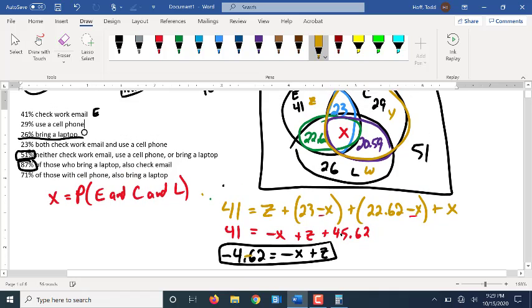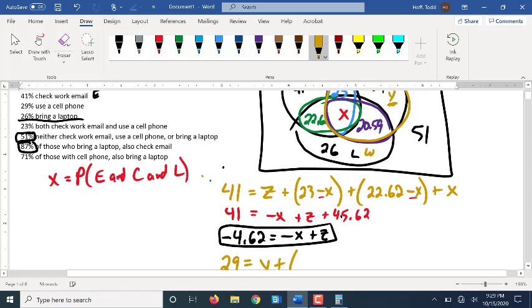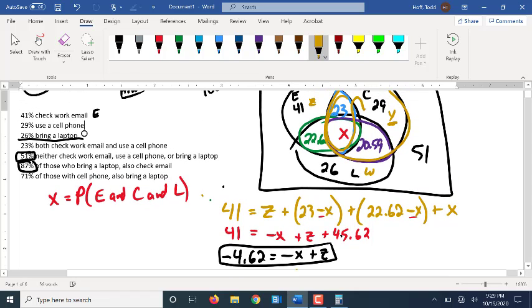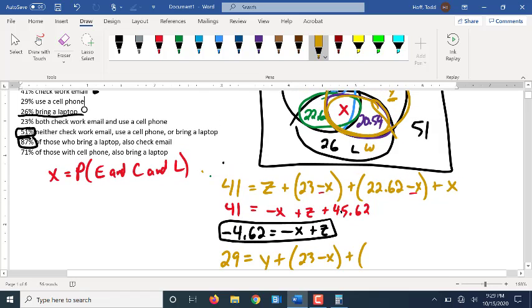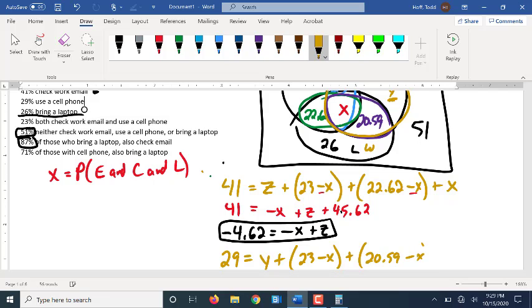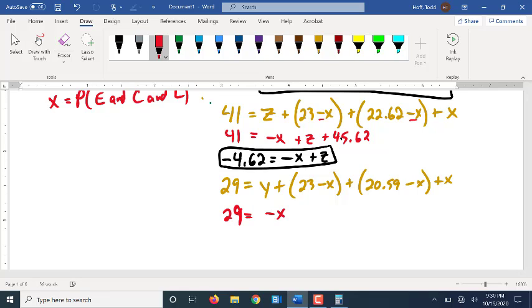So that 29% equals region Y here, plus this is the 23 minus X again, plus this is the 20.59 minus X, and then of course plus that region X. So as we start to simplify that, we've got the 29 here, negative X, and positive X is a negative X, plus Y plus 43.59.